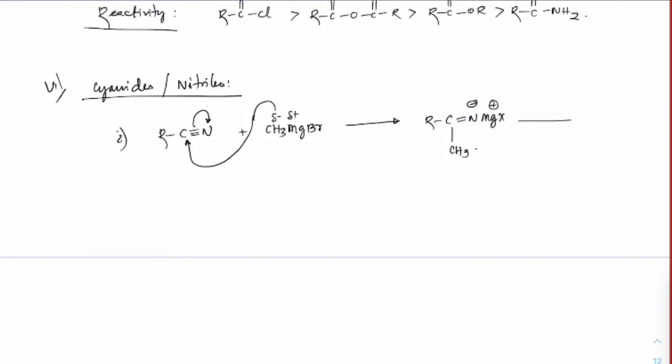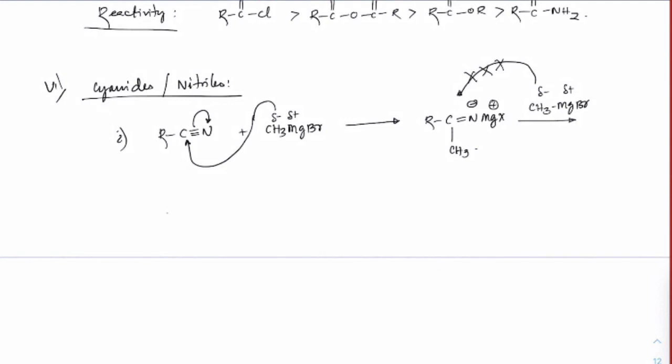So which means if you have another CH3 MgBr coming here, delta minus, delta plus, it cannot approach this carbon because this entire species is negatively charged without resonance. Okay, so no further reaction will take place.